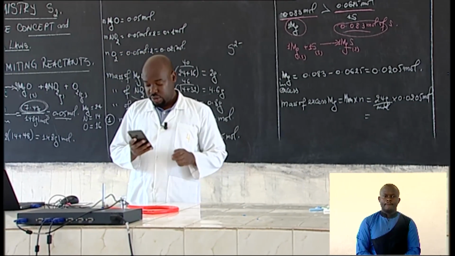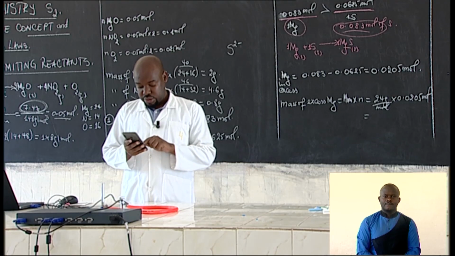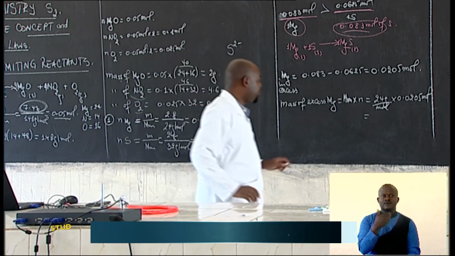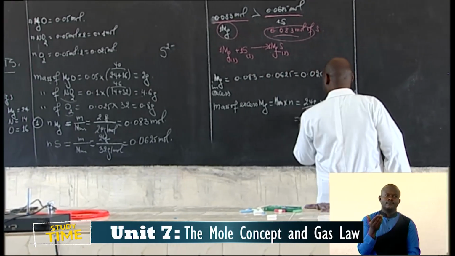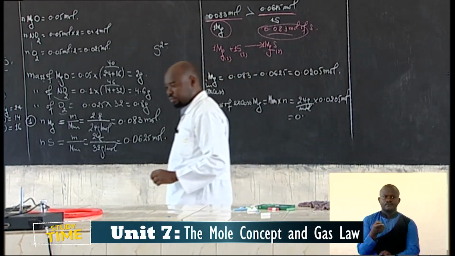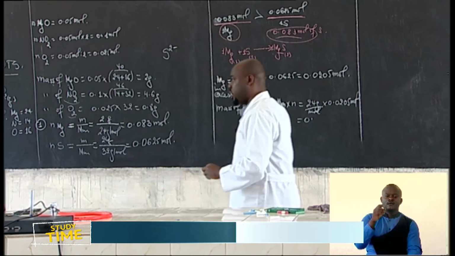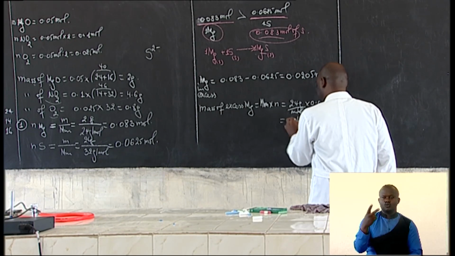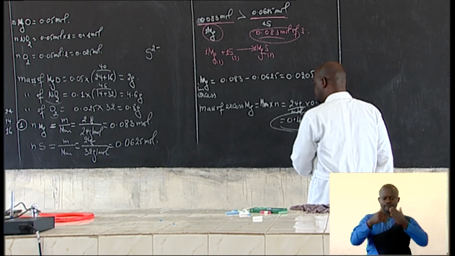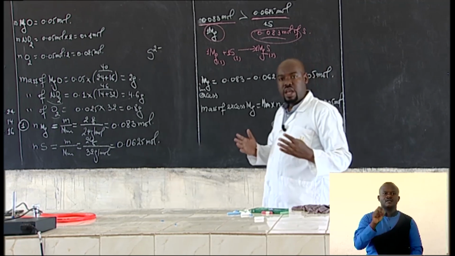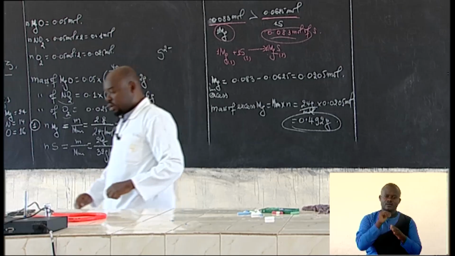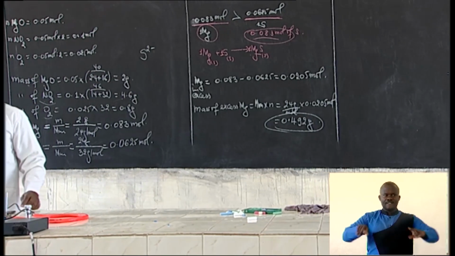Times 24, we have 492 grams. So this is the mass of magnesium that will remain unreacted. Very fast, we go to the second example.